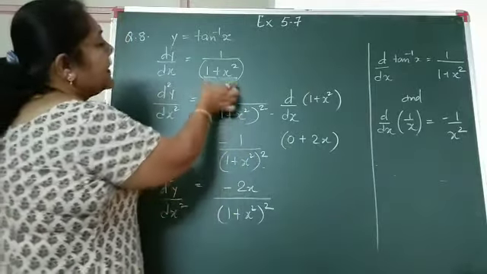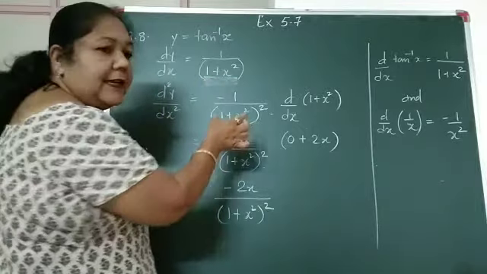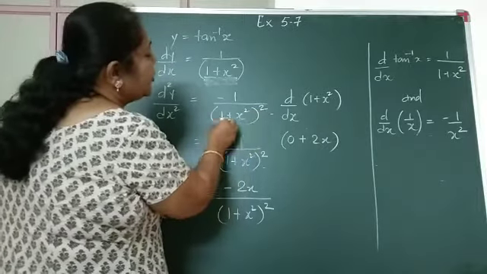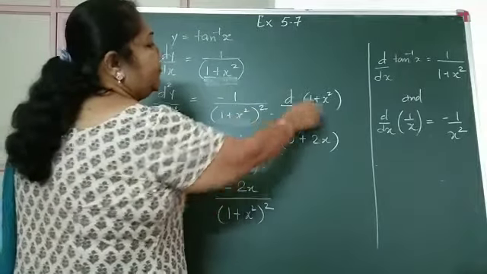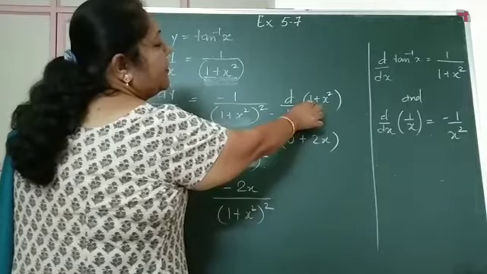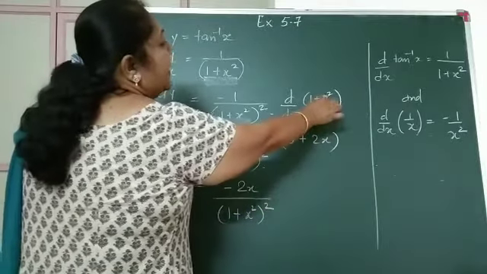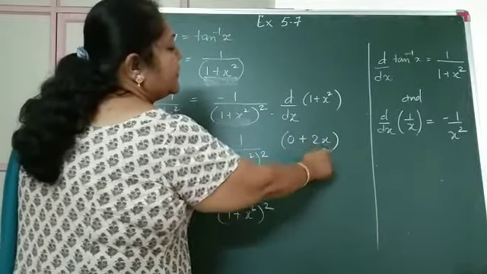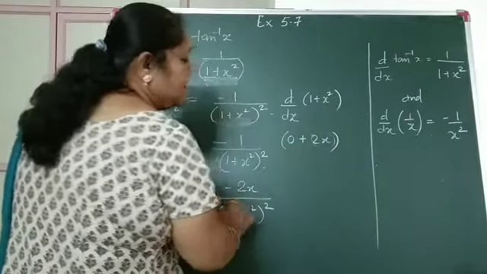But since that term is not a single x, by chain rule, I have to differentiate this bracket again. Differentiation of 1 is 0 and differentiation of x square is 2x. So the final answer of this differentiation is just 2x.